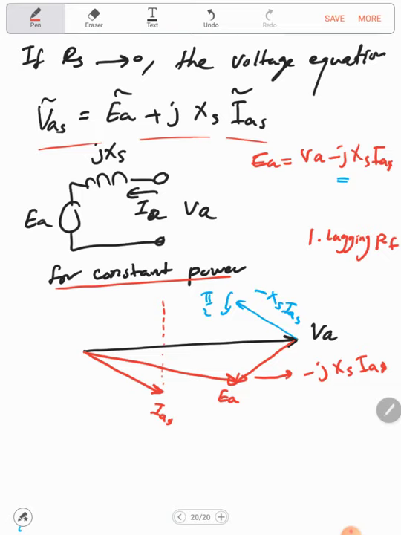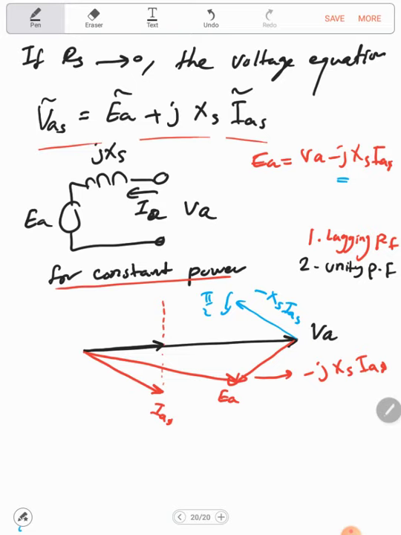Now for unity power factor, the IA and VA are in phase.